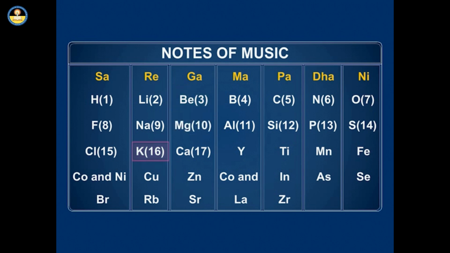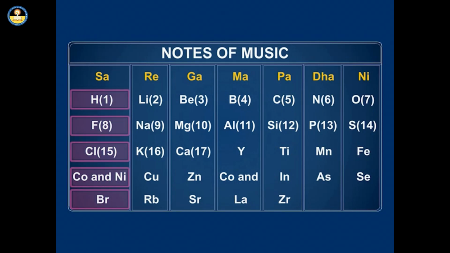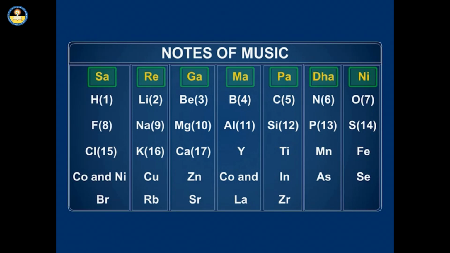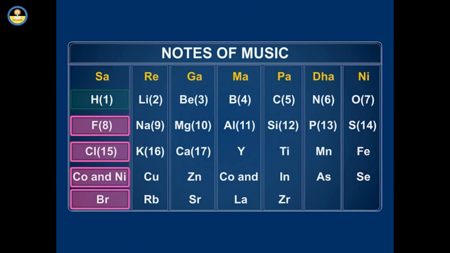The 16th element, potassium, that is K, again had properties similar to those of lithium and sodium. To explain this concept, periodicity was introduced. He correlated the similarity in the properties of every 8 elements to notes of music. Every 8th note is similar to the first note.